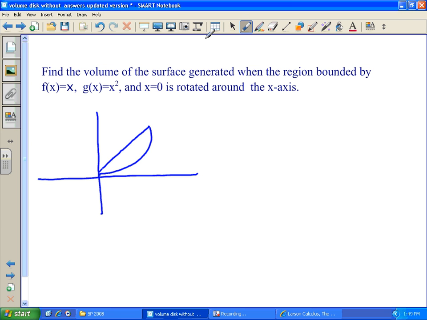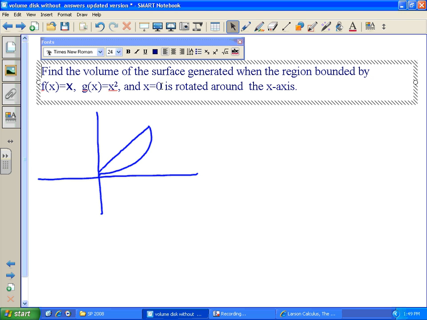Yeah, I think I have too many things going on there. I should delete my x equals 0 there. So just find the volume when the region bounded by y equals x and y equals x squared in the first quadrant is rotated around the x-axis.